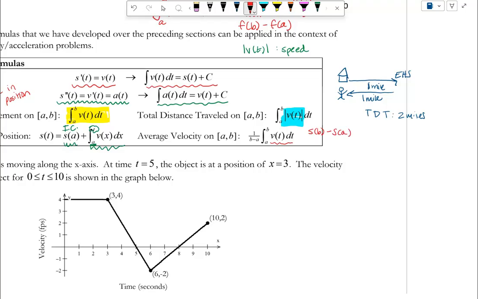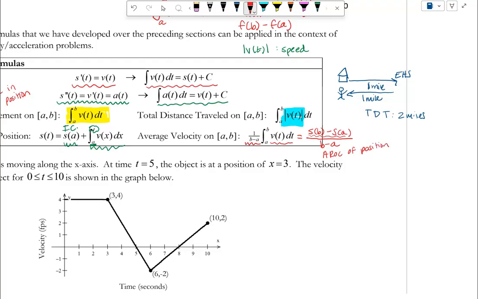And then if I wanted to make this my average velocity, or my average change of my displacement, I would divide by b minus a, right? That's average rate of change. So these are the same thing. If I take this integral and find the antiderivative and then multiply by 1 over b minus a, what I get is my average rate of change of position.